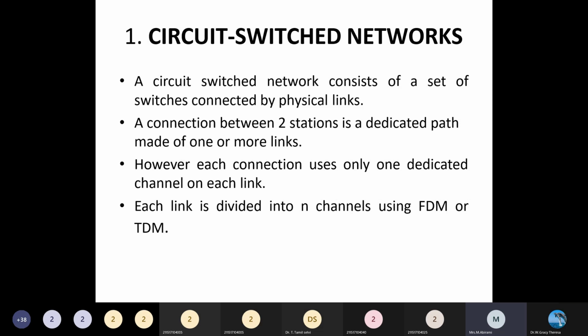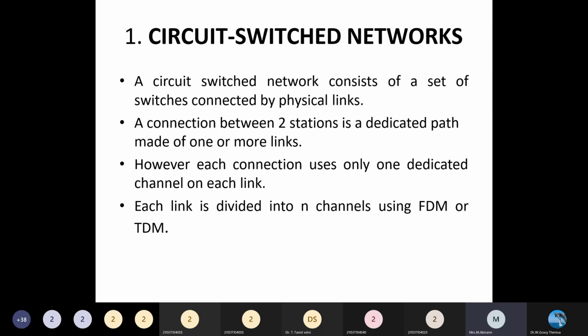In this technique, once the connection is established, the decided path is retained until the connection is terminated. First we have to establish the connection, that is connection establishment, and after that the connection is disconnected.